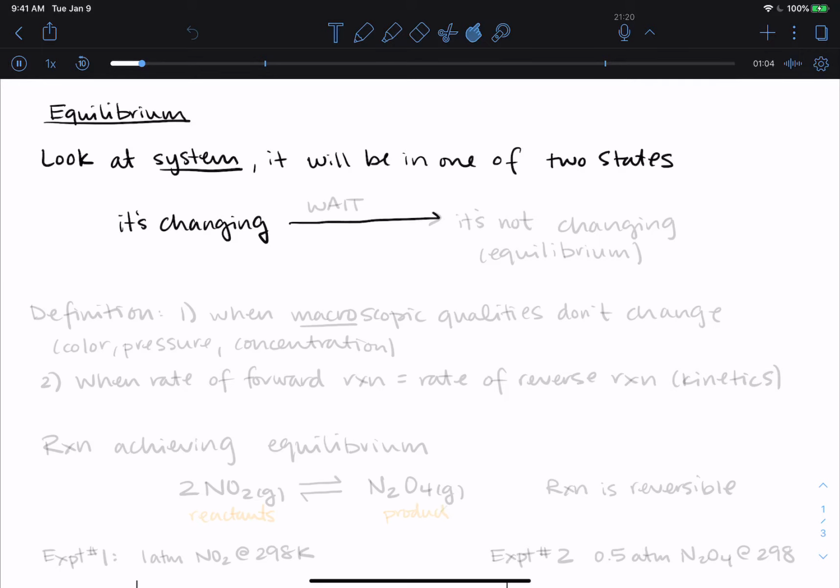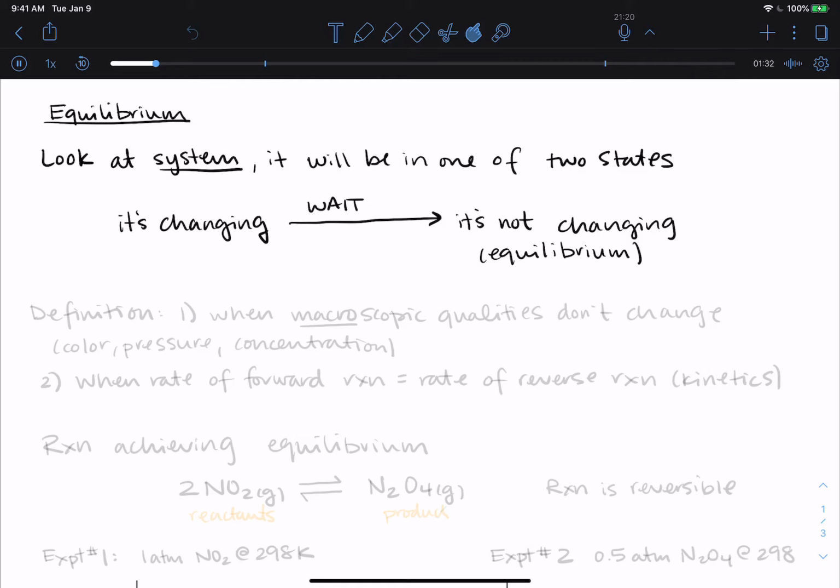And if you wait long enough, so that's what we're going to do over this arrow, you will get to a state where it's not changing. And this state where it's not changing, we term as it being at equilibrium.